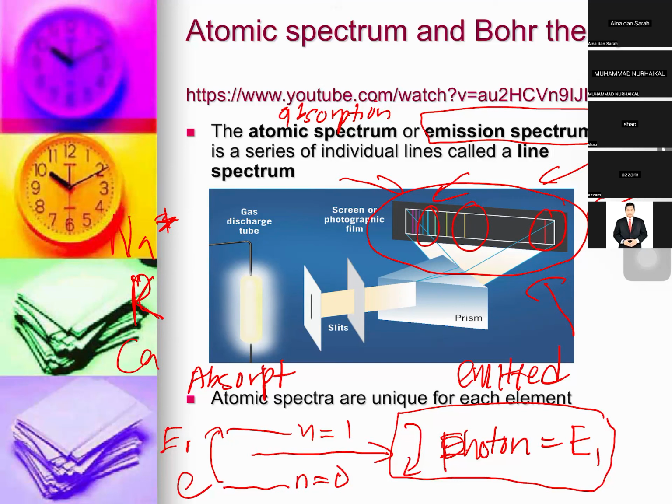Why is it unique to each element? Why is it unique? Different atom? Like us, we have DNA unique to us, right? Proton? Electron. We're talking about electron. Sorry, doctor. Proton is inside the nucleus.